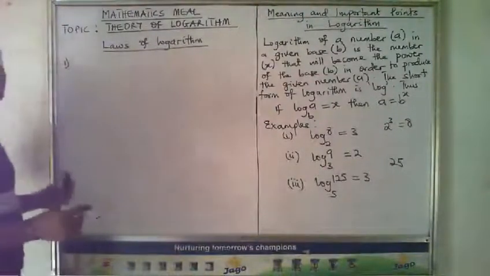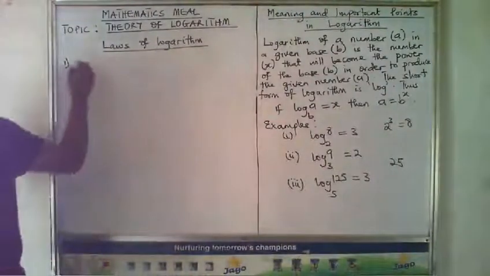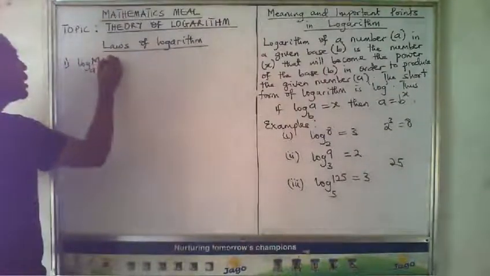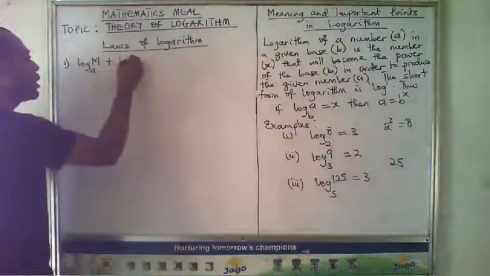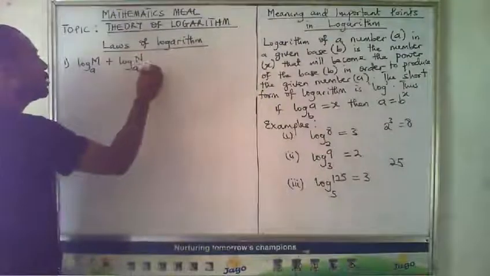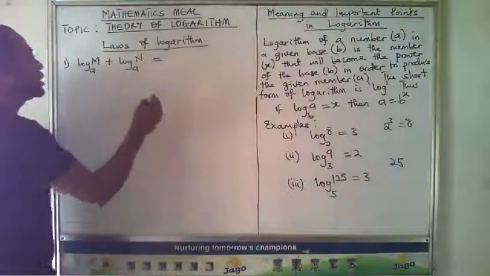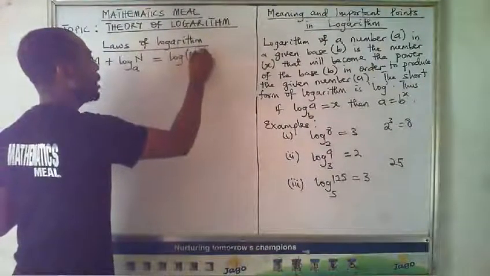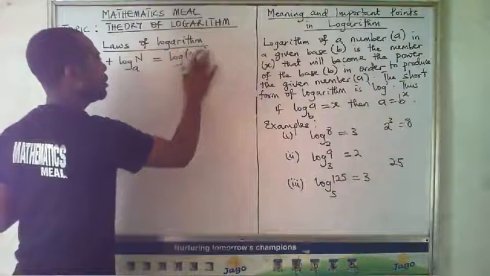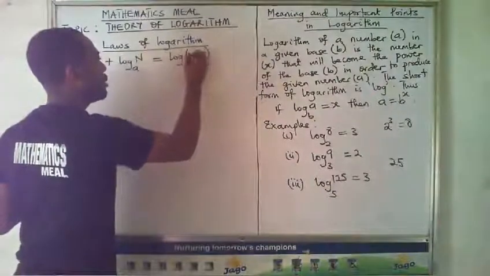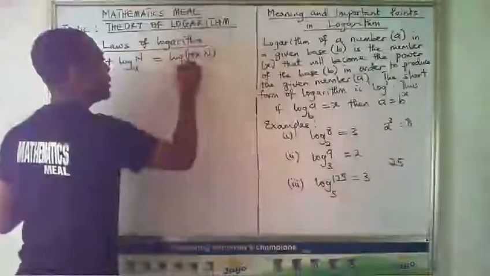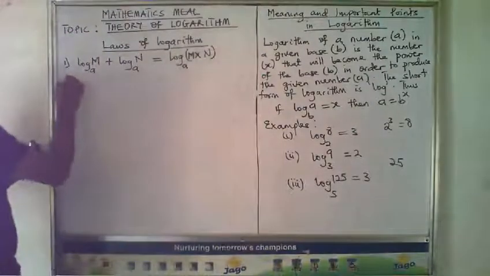Number 1, the first law. If I have log m in base a plus log n in base a, it is the same thing as saying log of m times n, multiplication now, m times n in base a. We are coming to explain that.